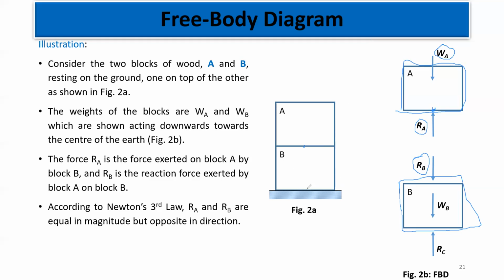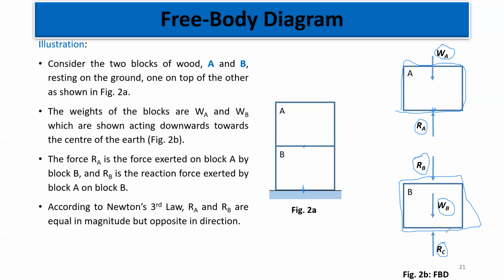Now body B also has its own weight, and that weight will act at the center. And if you look at body B carefully, it is in contact with the ground. And because of that, there should be a reaction at this point, and that reaction is what has been shown as RC.